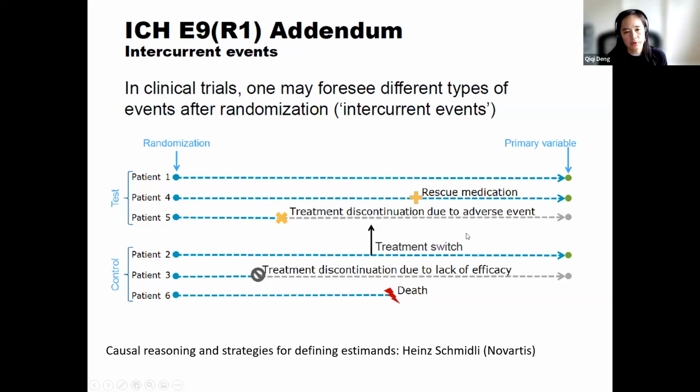Then how are we going to deal with it? A simple completer analysis would say that if I don't have the data, I don't include the data. I just ignore that patient.